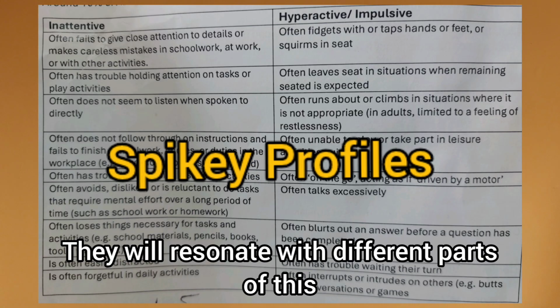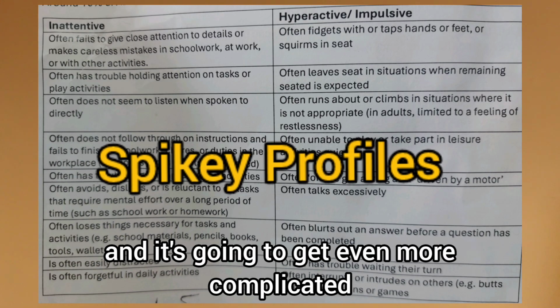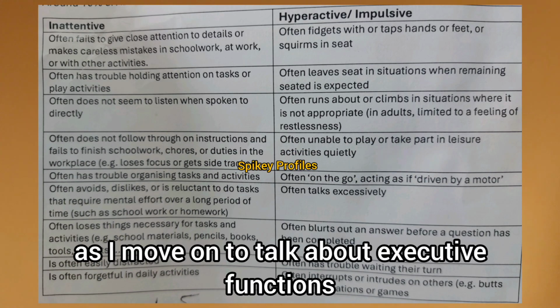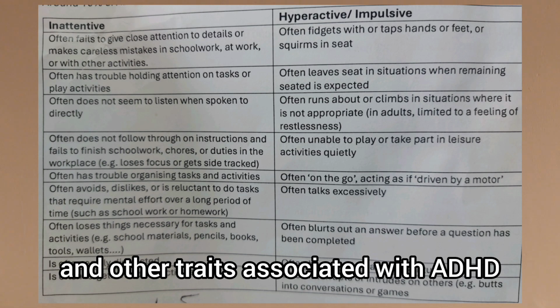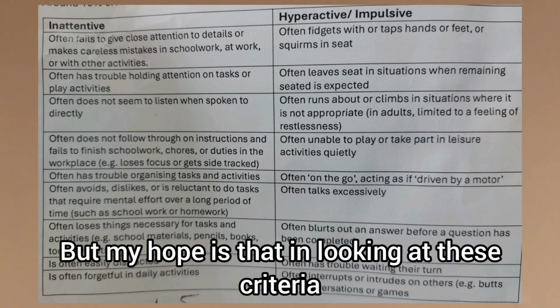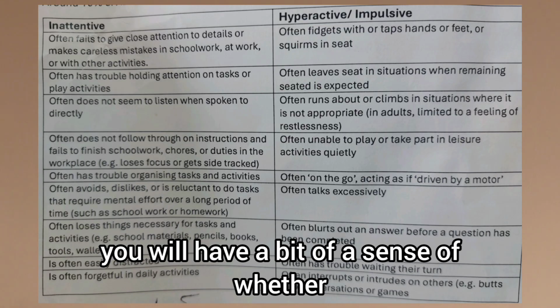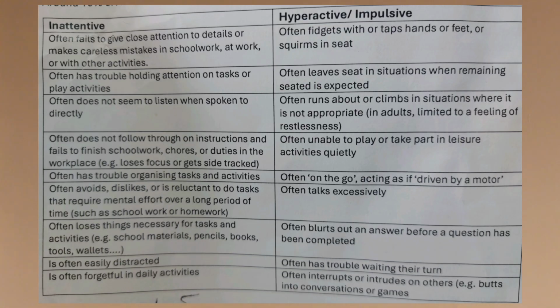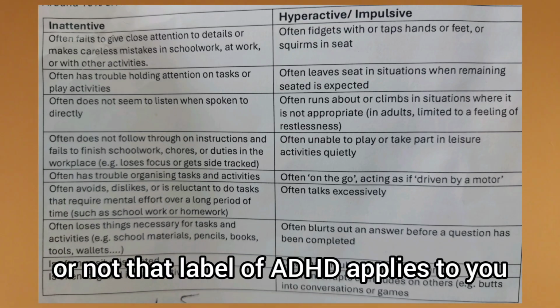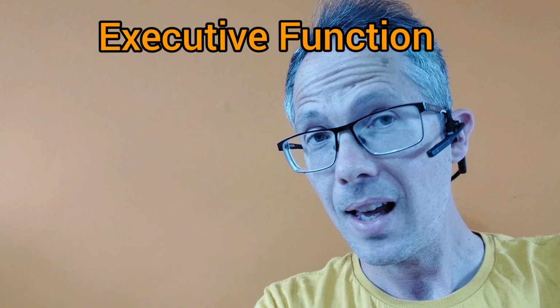They will resonate with different parts of this, and it's going to get even more complicated as I move on to talk about executive functions and other traits associated with ADHD. But my hope is that in looking at these criteria, you will have a bit of a sense of whether or not that label of ADHD applies to you.